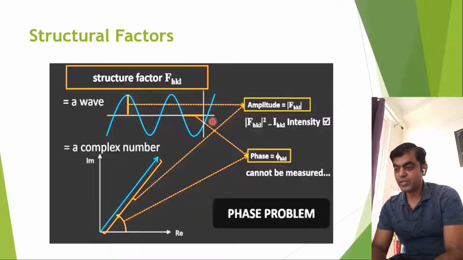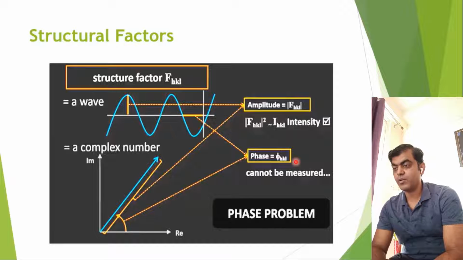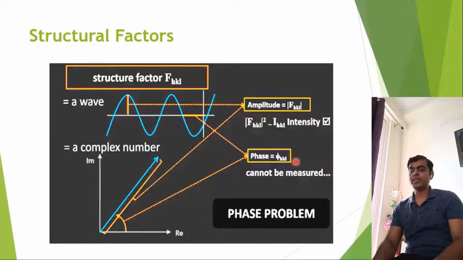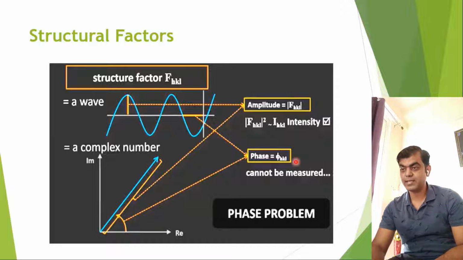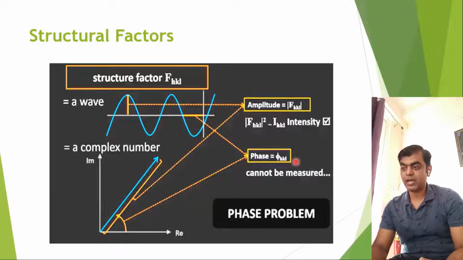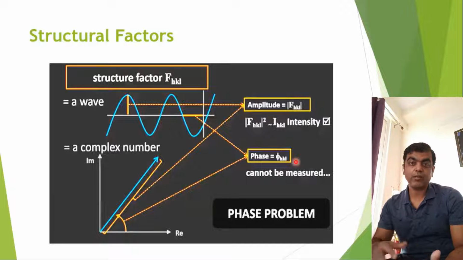In the phase, you can see here, this is also an important thing which you can predict, yes, but in this scenario we are able to find only the amplitude, based on the spot intensity. In this case you have spots darker and lighter, so these are basically the intensity differences. Based on this intensity we can have an expression and find out the amplitude.